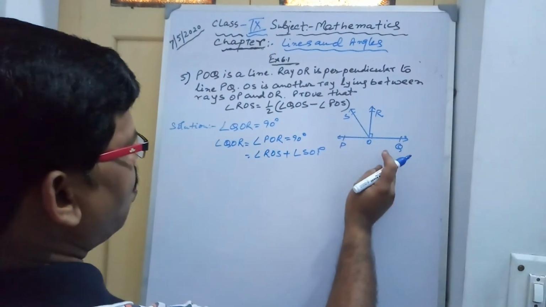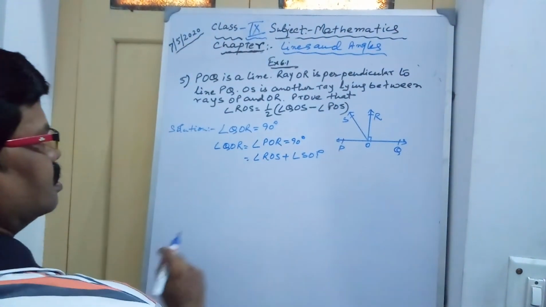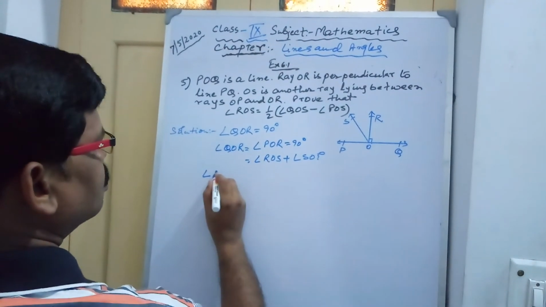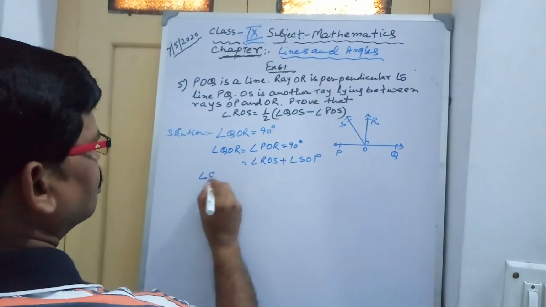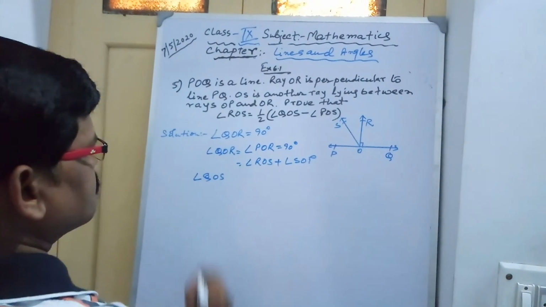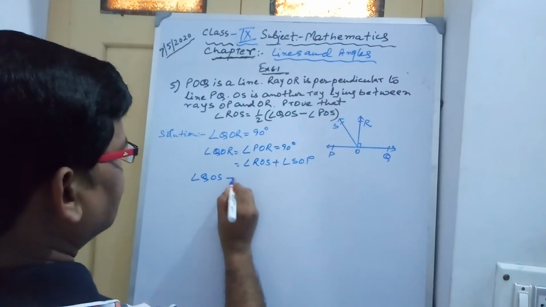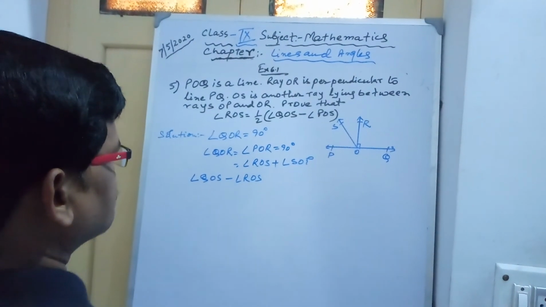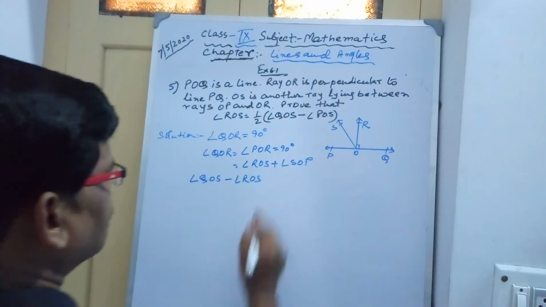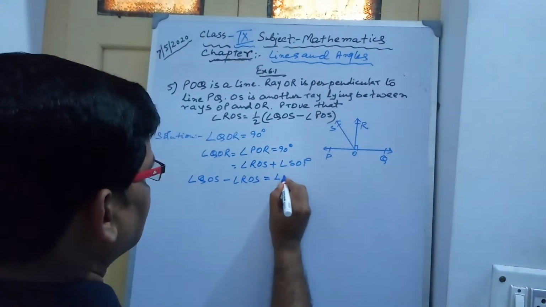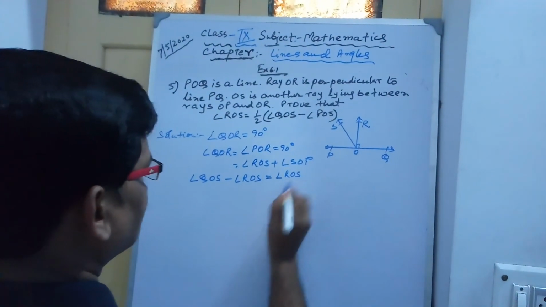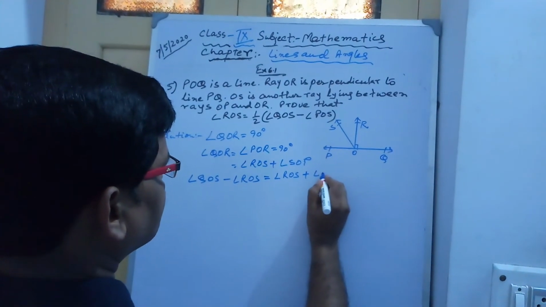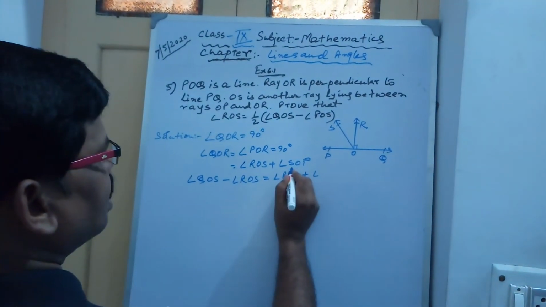Now angle QOS minus angle ROS equal to angle ROS plus angle POS.